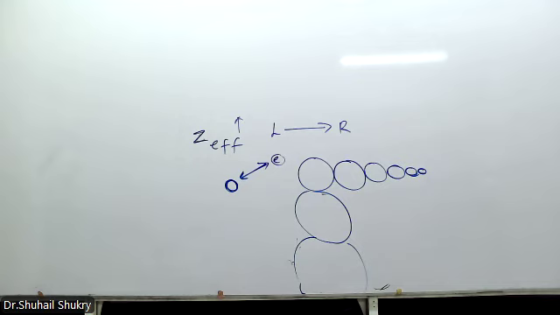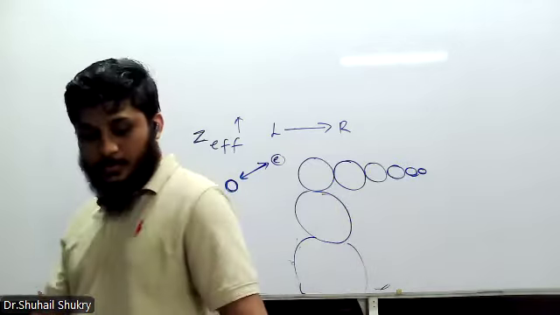At the same time, now I want to speak about anion and cation radius. How does ionic radius vary in the ion series here?